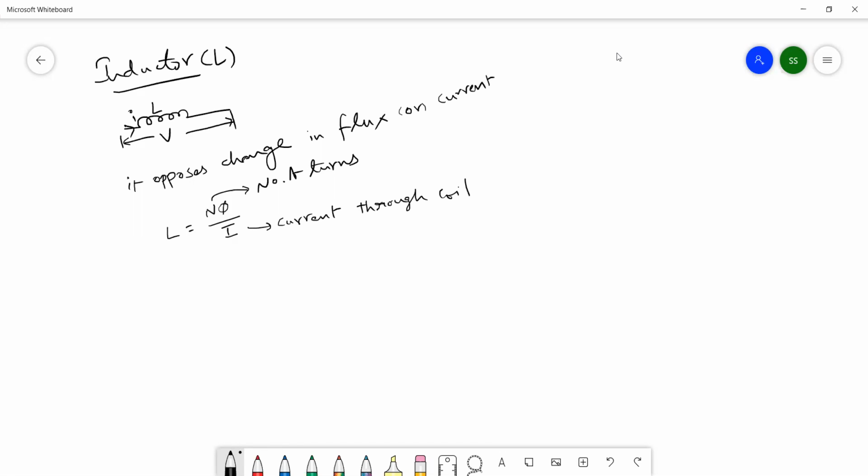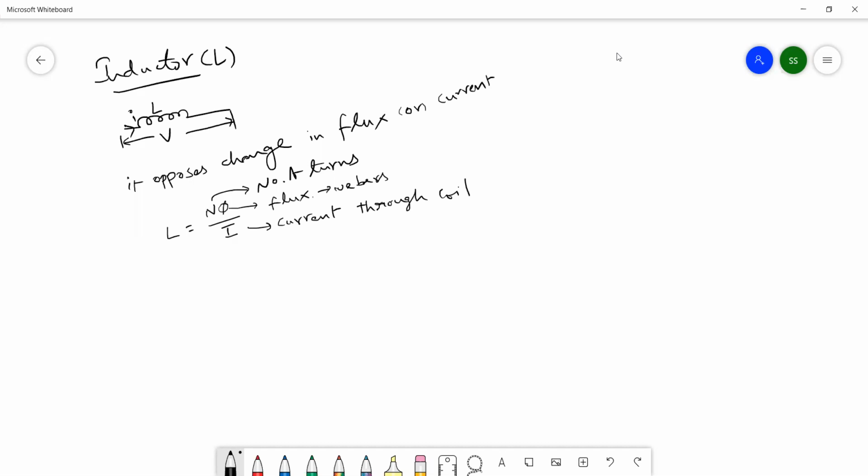Flux linkage means how much flux is linking with the number of turns, where phi is your flux, and the units of flux are Webers.